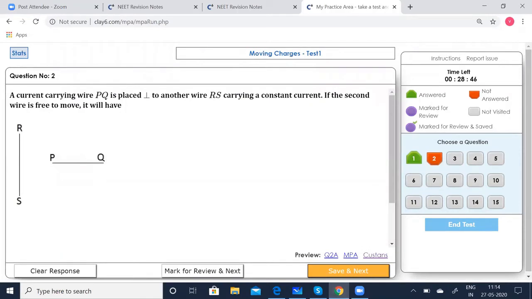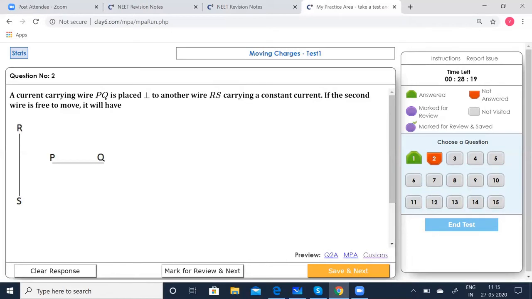A current carrying wire PQ is placed perpendicular to another wire RS carrying a constant current. If the second wire is free to move, it will have... So one wire is along RS like this and another one is kept perpendicular to it. At the points P and Q, the field due to RS is different.